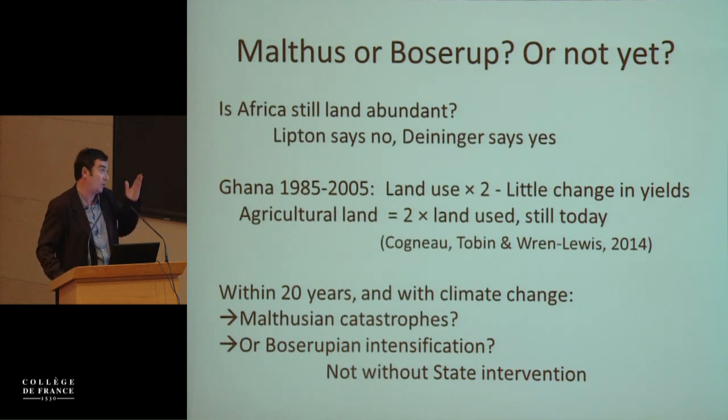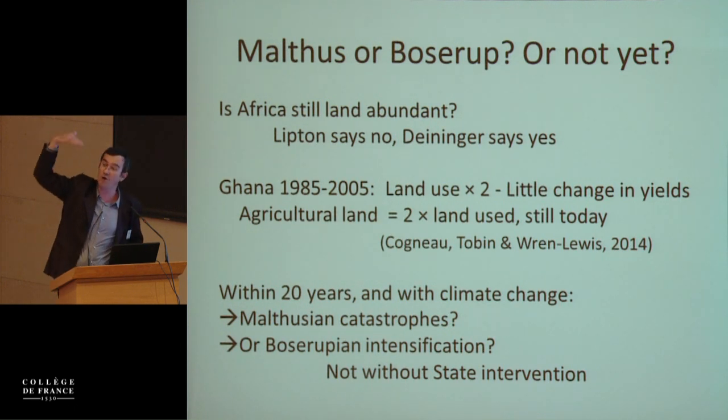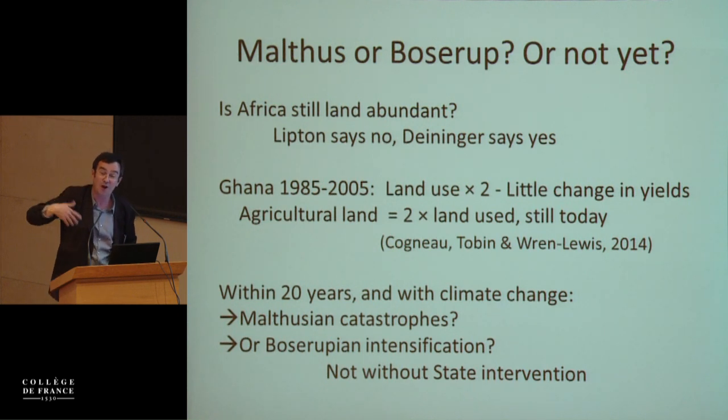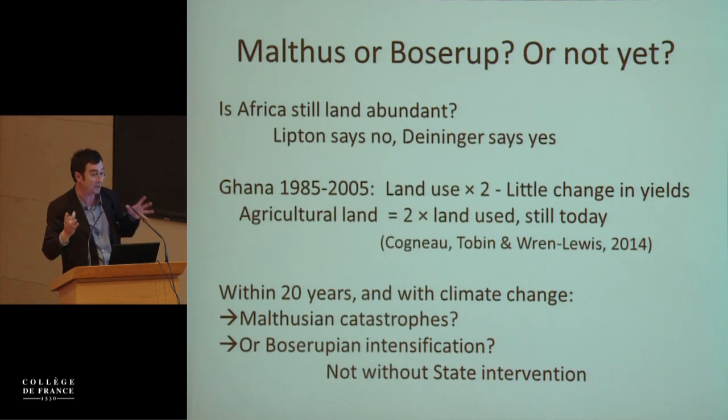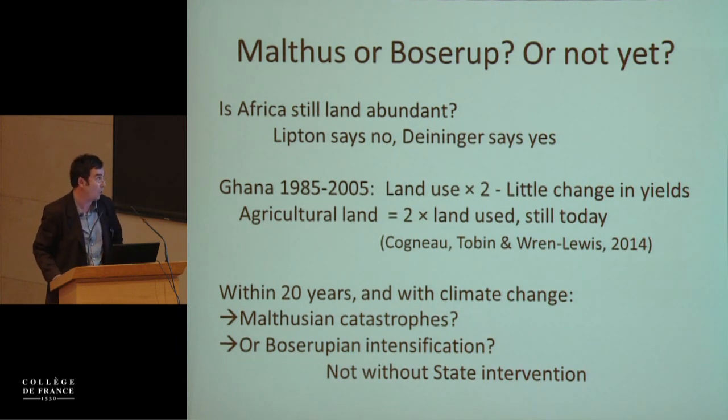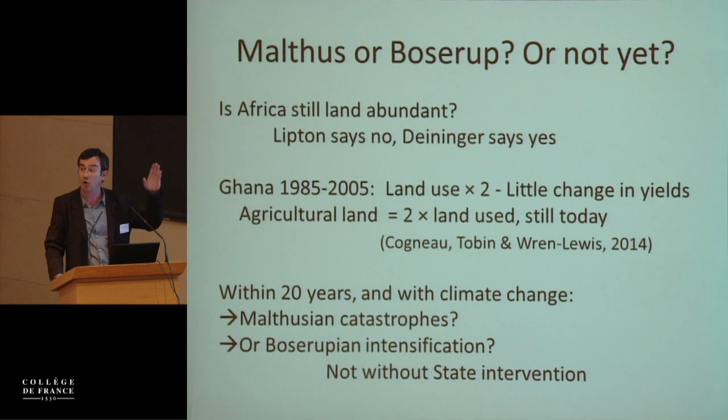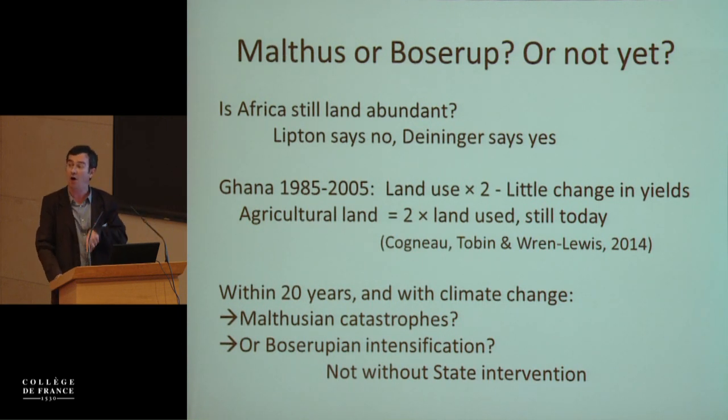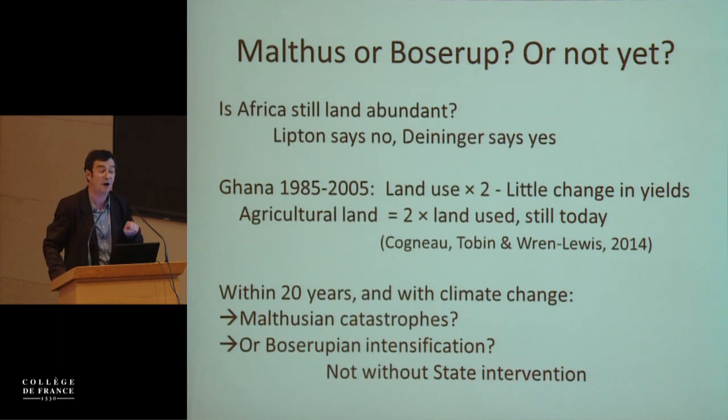Now it's very difficult to know where the Malthusian constraint really lies, because then you need an assessment of how large the total amount of land that could be farmed is. There are evaluations from the FAO, and according to the FAO figure, the agricultural land that is available is equal to double the amount of land that is farmed today.